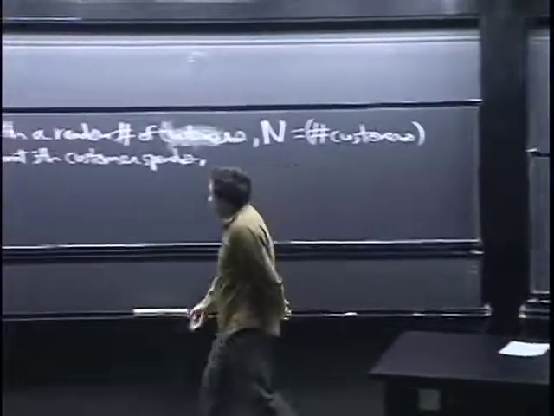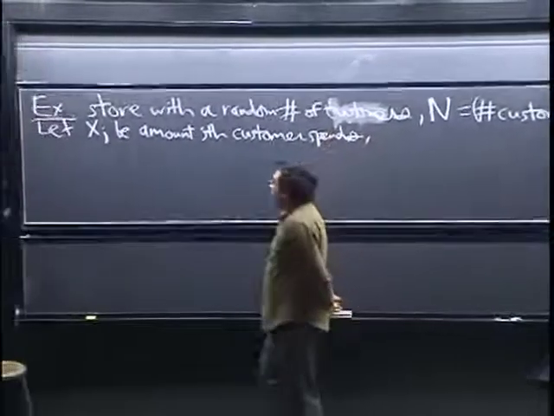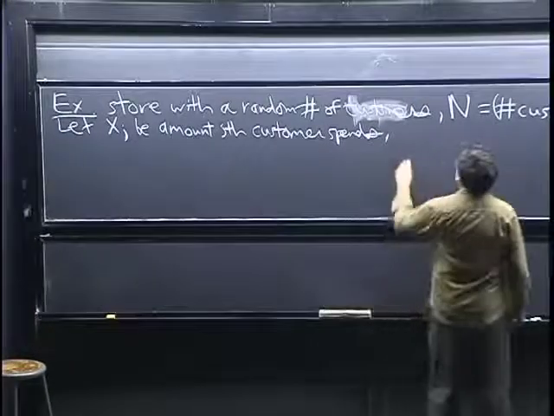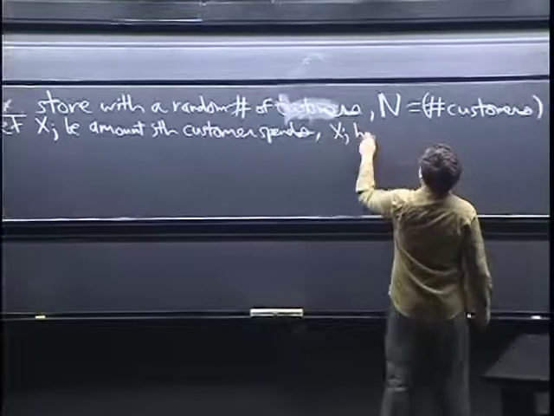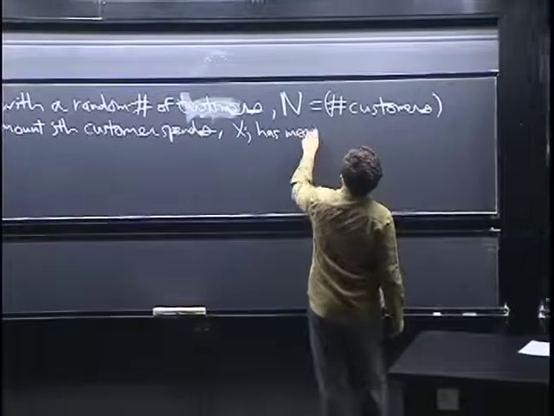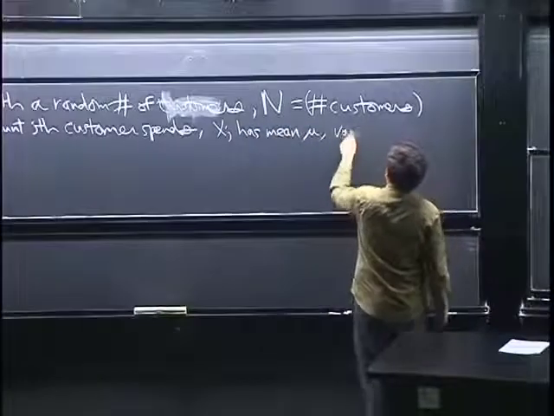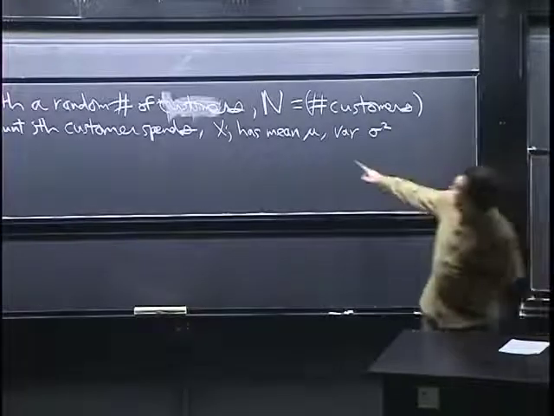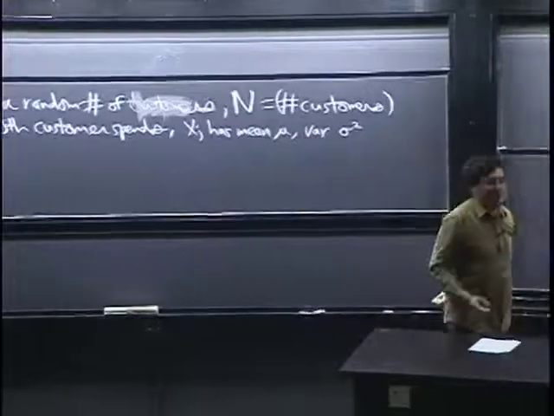I'll just say that's N, and xj is the amount the jth customer spends, and let's assume xj has mean mu and variance sigma squared.